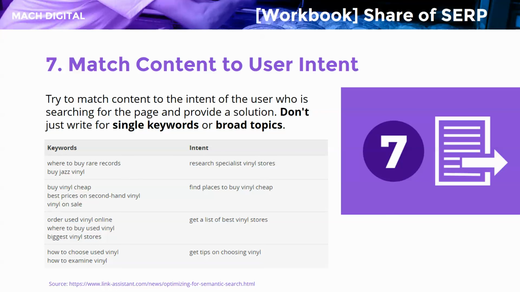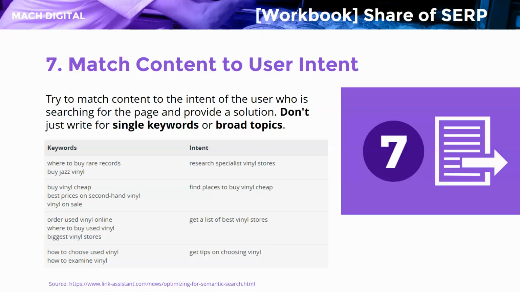Number 7, match your content to user intent. This is a bit of a general one, but it comes to the idea that when you're writing copy or writing pages on your site, you're not just writing for single keywords or broad topics.